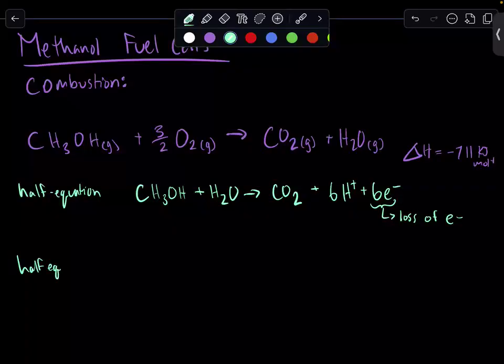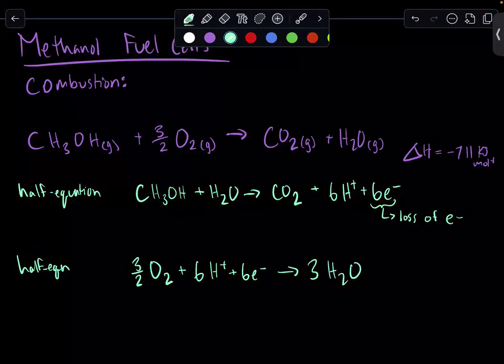So this is going to be half equation 2. And this one is our one with oxygen. So we'll take our 3/2 O2 plus 6 hydrogens, and we're going to add 6 electrons. And when we do that, we get 3 water.